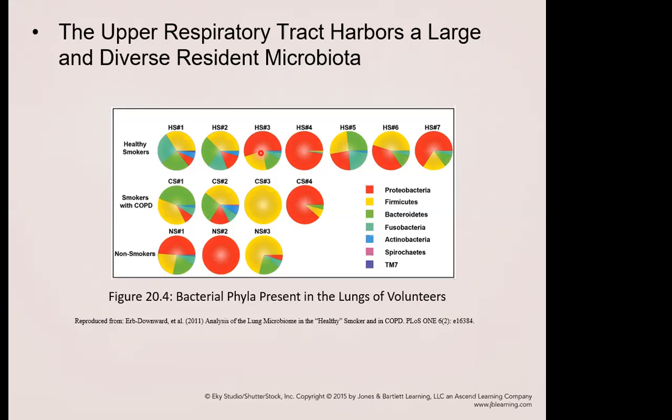Almost all of person 4 is proteobacteria. So generally speaking, we see a lot of diversity is what I was going for here. Between people and between these groups, we see a lot of diversity. But as you mentioned, we're going to see a lot of proteobacteria, Firmicutes, and Bacteroidetes. So these three groups are going to be found to be the predominating species in healthy or unhealthy smokers and non-smokers. Within those groups, there's a diverse arrangement, but we see a lot of the same bacteria.